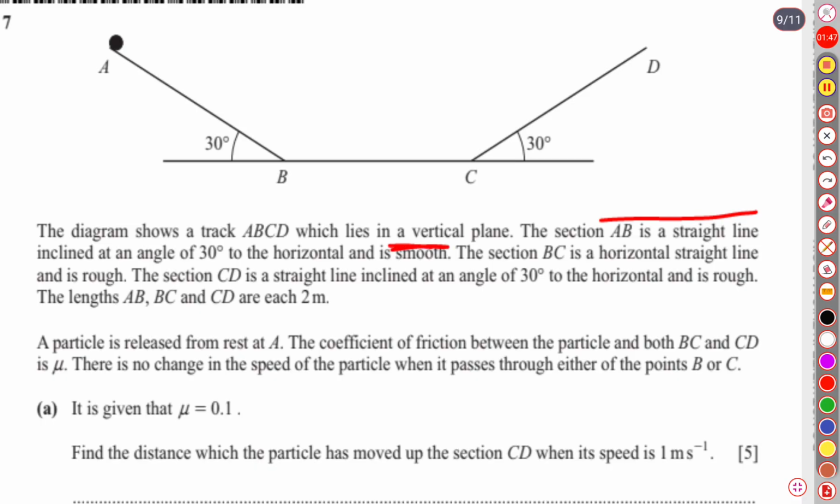This is one of the pieces of information we can pick up. BC and CD are rough, because it is written here CD is rough as well as BC. So these are the pieces of information initially we can pick up, and we know what to do for solving this.